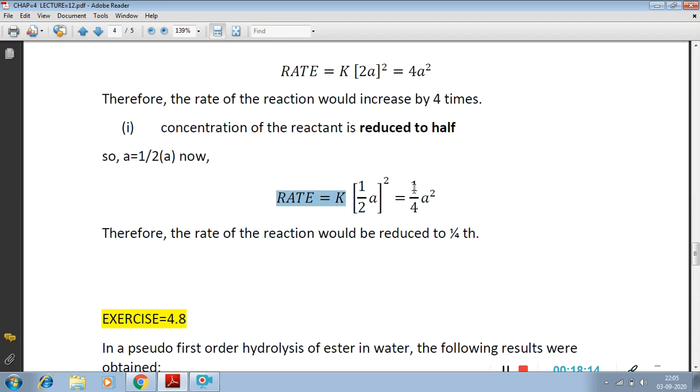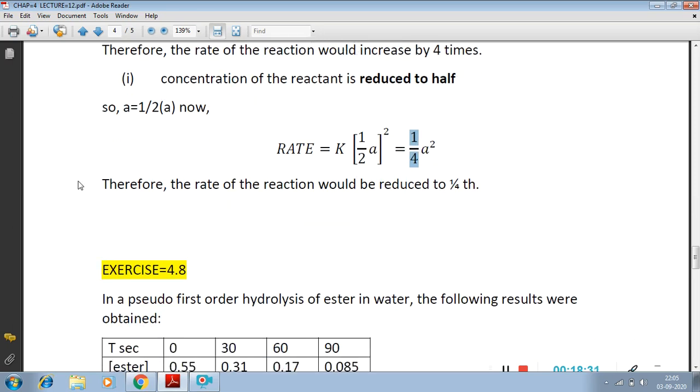So we will get 1 by 4 into K. K is left here, make a correction here. K into A square. So you can see the rate is reduced to 1 by 4th here. So our answer is, rate of reaction would be reduced to 1/4.